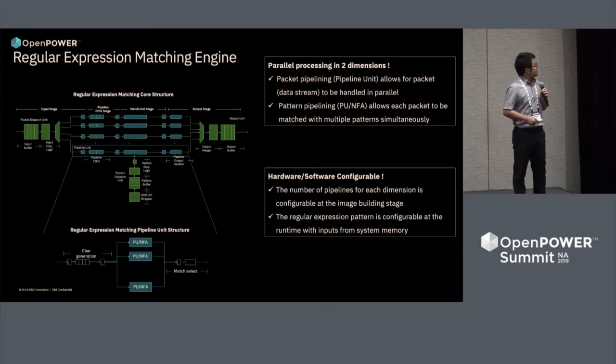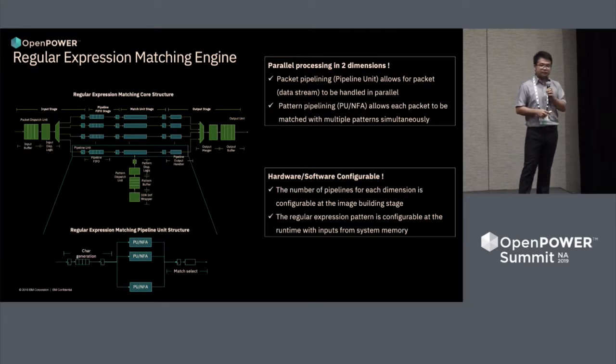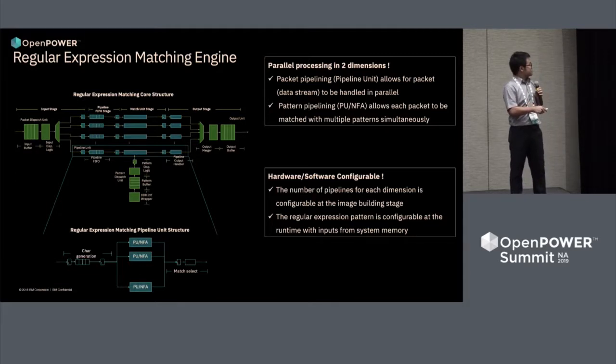Let's take a look at some of the details of our regular expression engine. This engine is written by our team from scratch in HDL, in RTL. It is comprised of multiple pipelines. Each pipeline is able to process one string at one time.